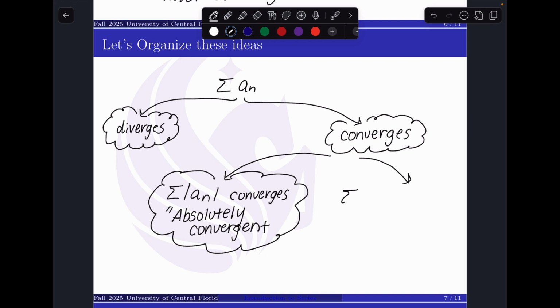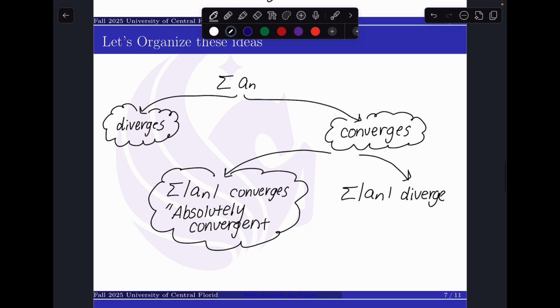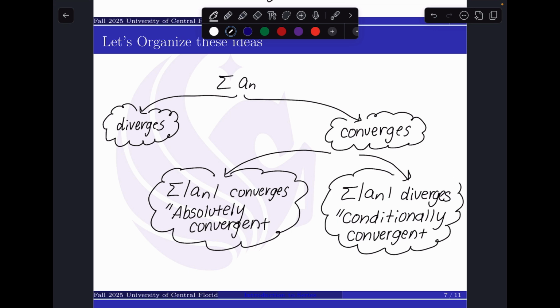Or maybe when I look at the absolute value of a sub n and I take the sum, those diverge, and that's when we call this conditionally convergent. Okay, so just a little flow chart of what we're talking about right now.